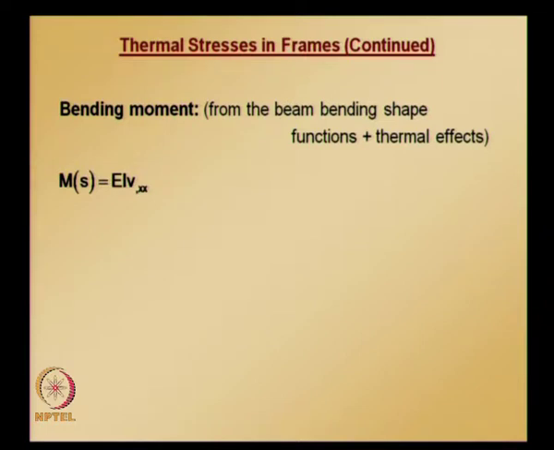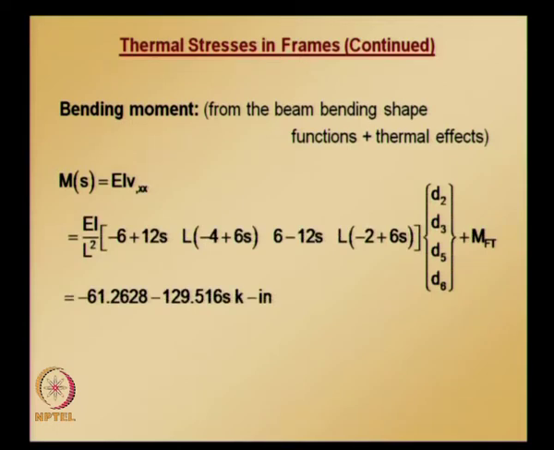and the bending moment for element 1 at any point along its length. Again, using finite element shape functions we can calculate it once we know the nodal values, but here we need to apply the fixed end correction, which we already calculated as MFT. Applying that correction we get this, and this is a function of S, where S equal to 0 corresponds to node 1 and S equal to 1 corresponds to node 2.